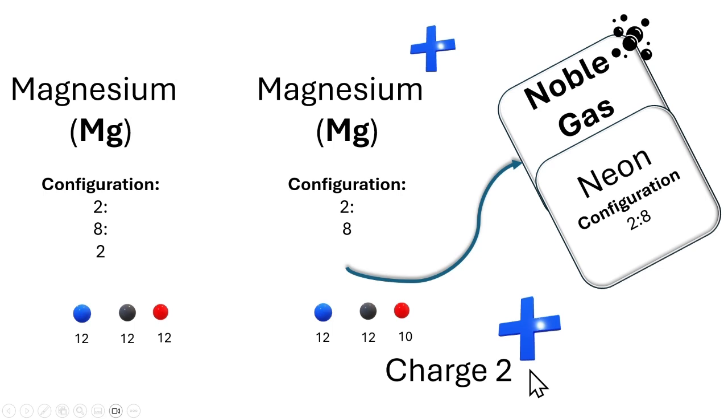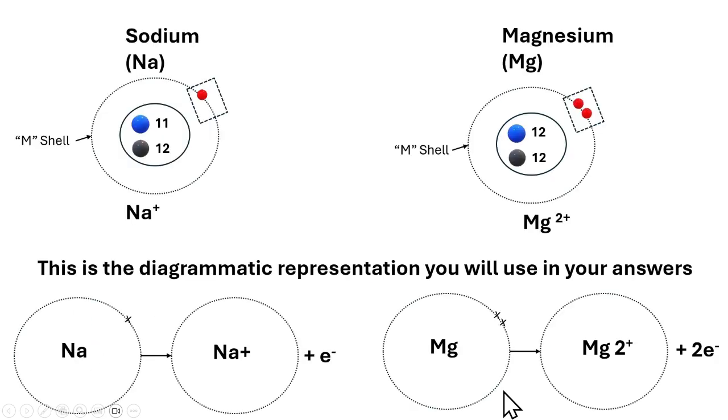Now here we have diagrammatic representation. You must notice that we have only drawn their valence shells. Sometimes it is mentioned in the paper that you have to show all the shells, so we draw all the shells, but mostly we draw only the valence shell. Now sodium, first of all, then sodium positive, and it has lost 1 electron.